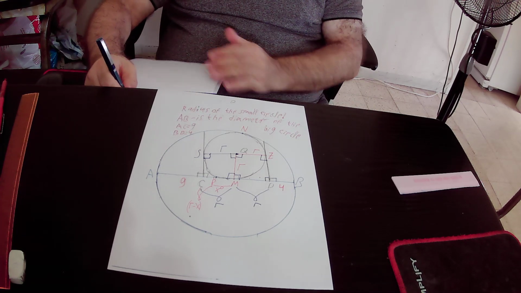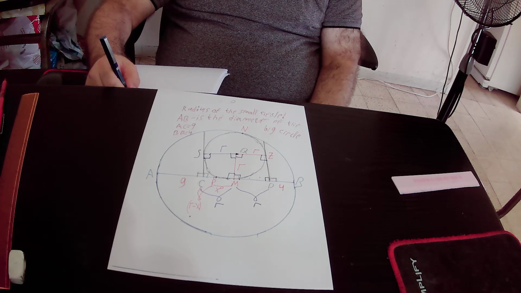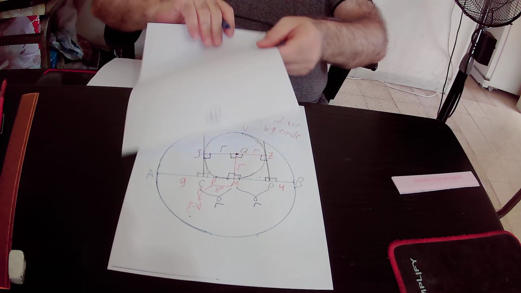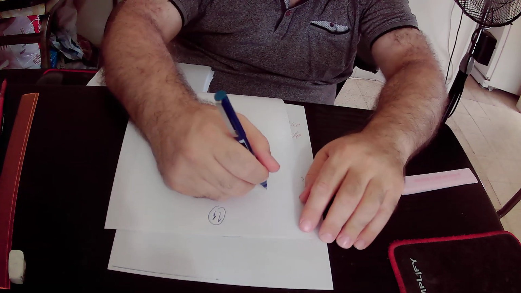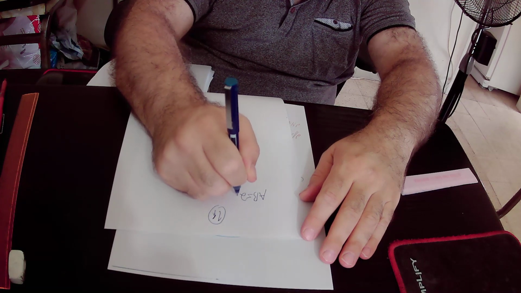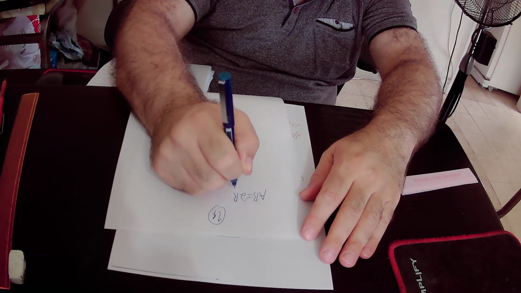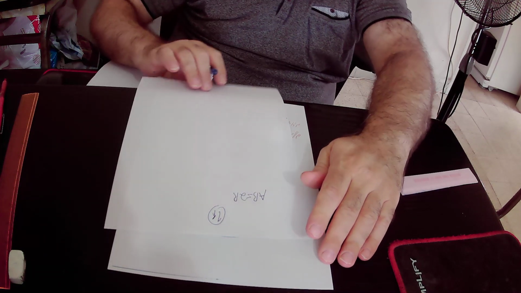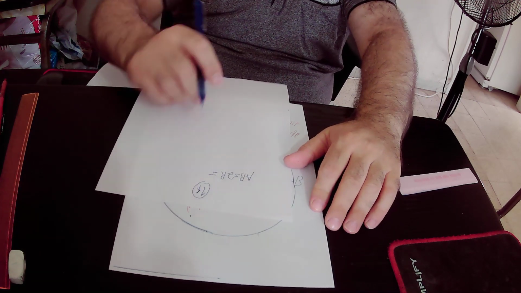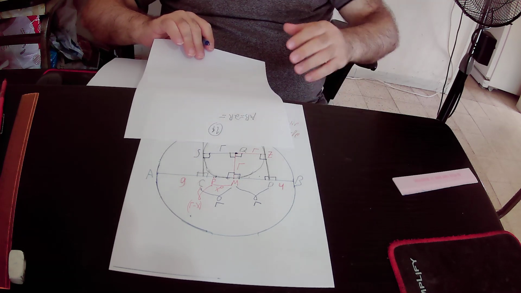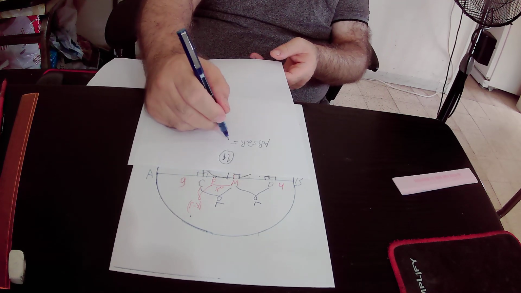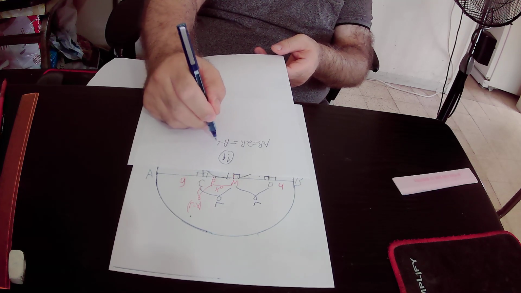That is to say, AB equals to 2 times capital R. That is actually, it is R plus R. Yes, 2R is R plus R, capital R plus capital R.